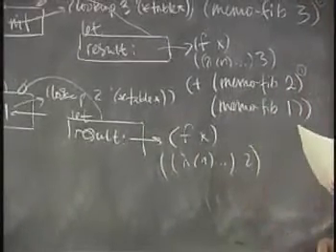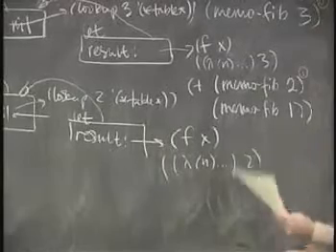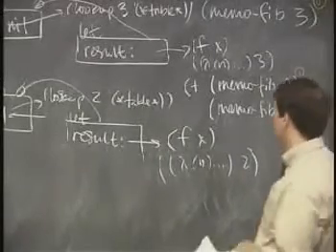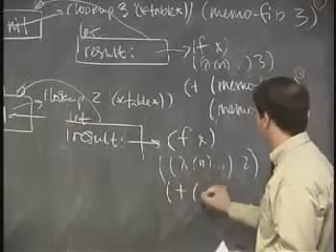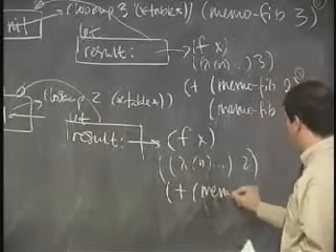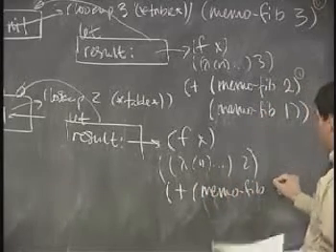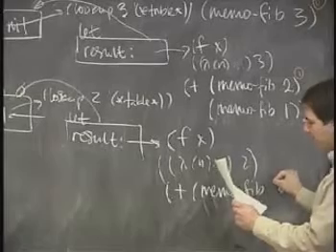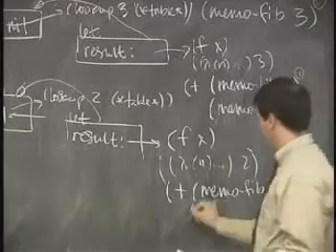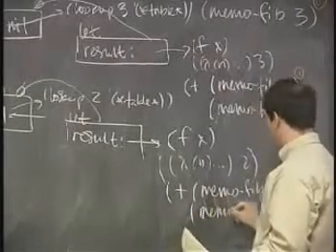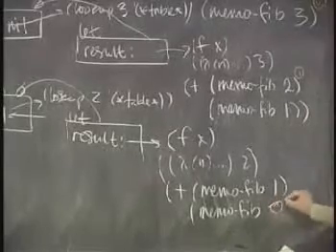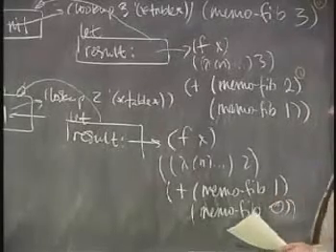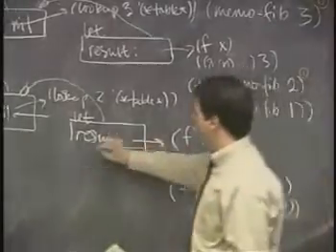Looking at that code, it's going to do the same thing again, right? Because those base cases aren't yet hit, so we have plus memofib n minus 1 is 1, and memofib of n minus 2, which is 0. Oh, well, I guess we have to keep going then.